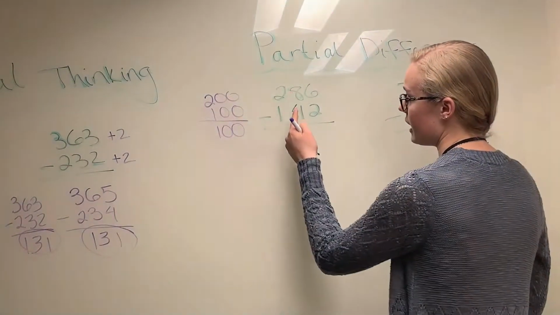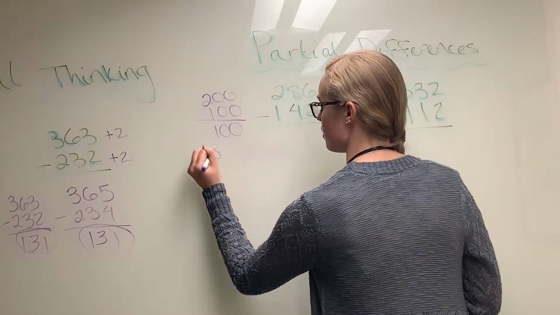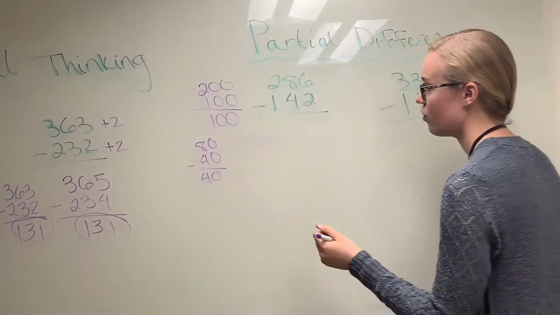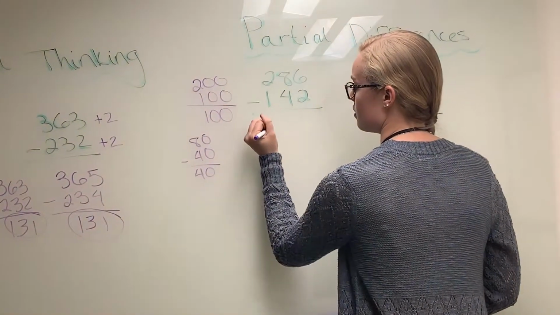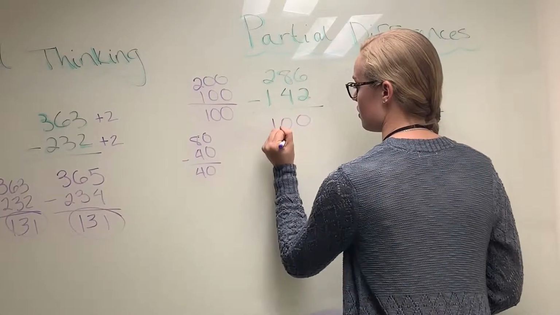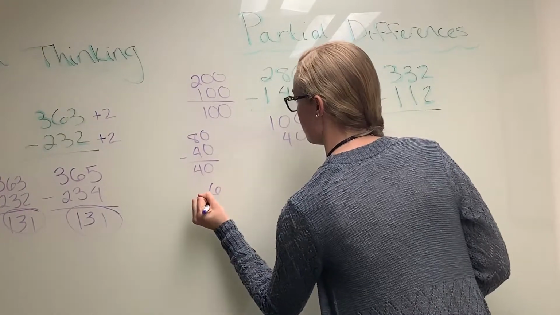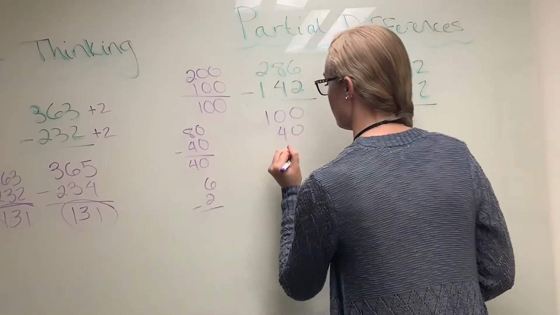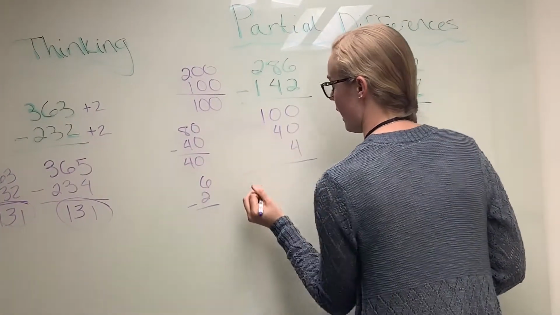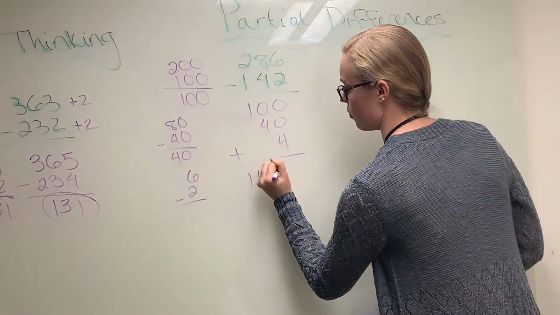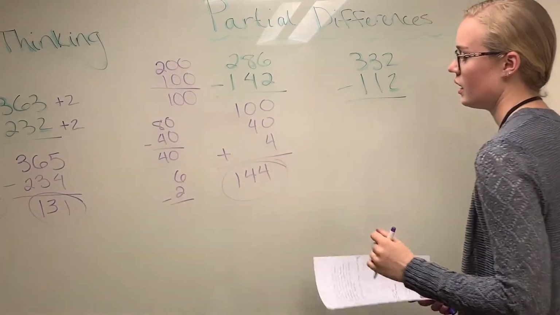And then 80 minus 40 gives me 40. And 6 minus 2 gives me 4. I add all of these up and I get 144 as my answer.